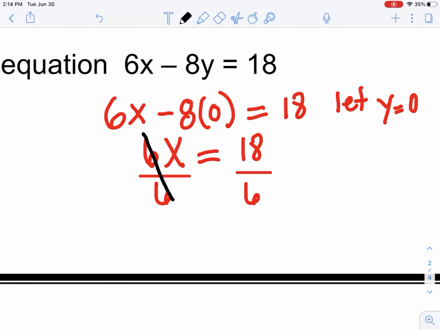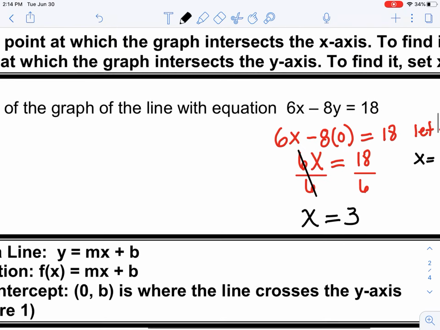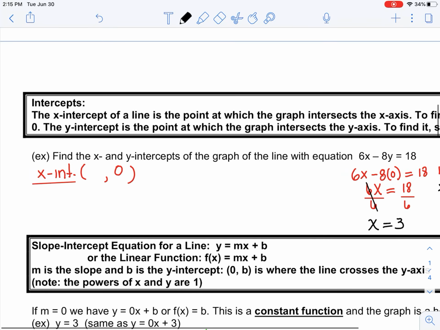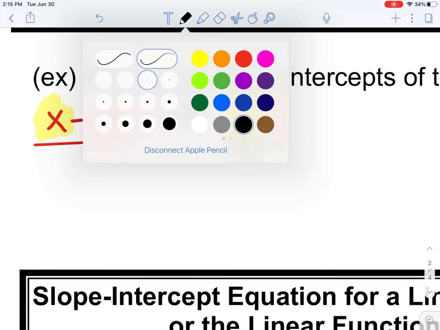So essentially what we get is 6 divided by 6 is 1x, which equals 18 divided by 6, 3. So when y is 0, x equals 3. And that's your x-intercept. So your x-intercept is at (3, 0). Notice that whenever you want an x-intercept, the y value is 0.